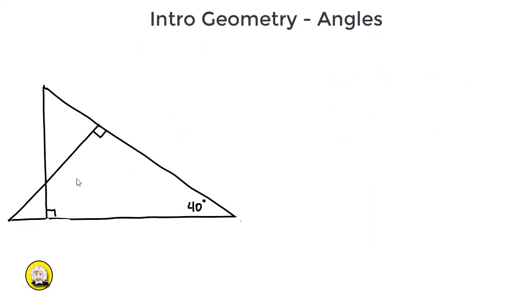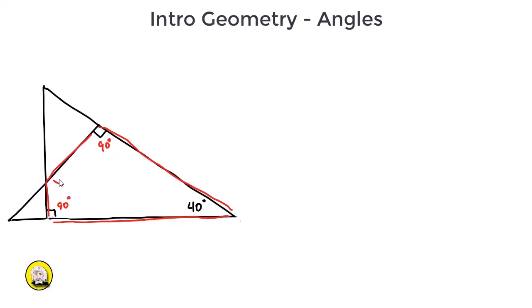Let's try to fill out all the missing interior angles we can. I notice this is a quadrilateral. So I know this is 90 degrees given the square symbol. That's 90 degrees given the square symbol. Plus the 40 degrees and plus our missing angle here must sum to 360 degrees.